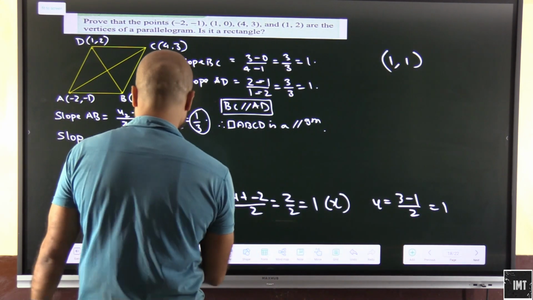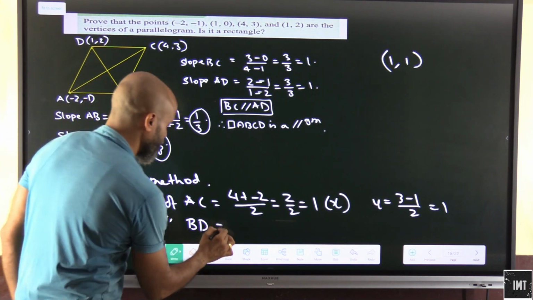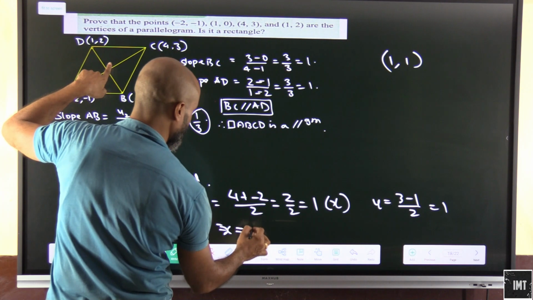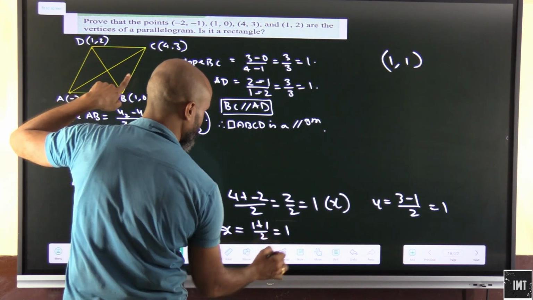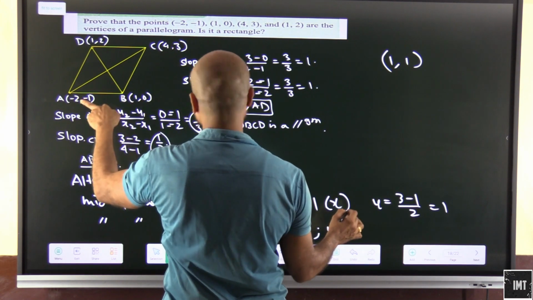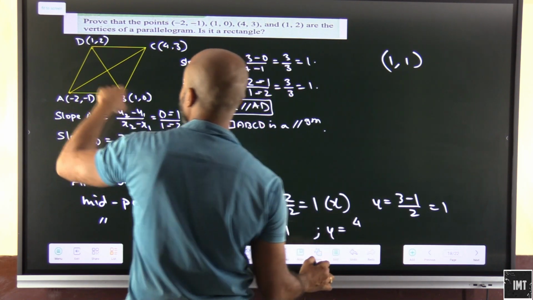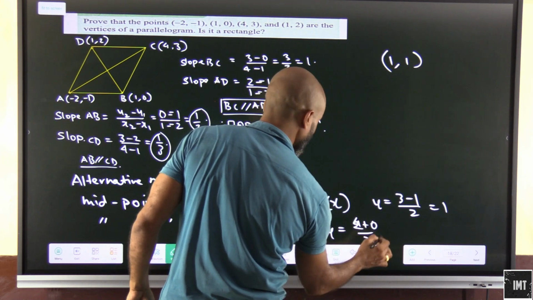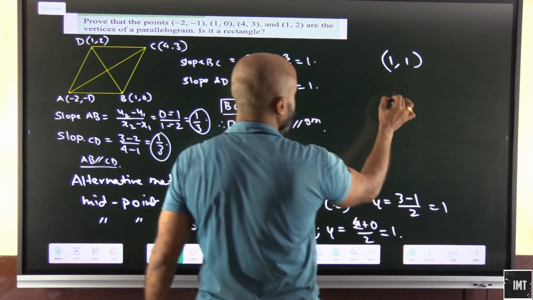And in the same way, midpoint of BD, if we have to find out the x coordinate, this will be 1 plus 1 upon 2, that is 1. Okay. And what about y? Y will be equal to 4 minus 2, 2 plus 0 upon 2, that is 1. So again, this is also 1, 1.